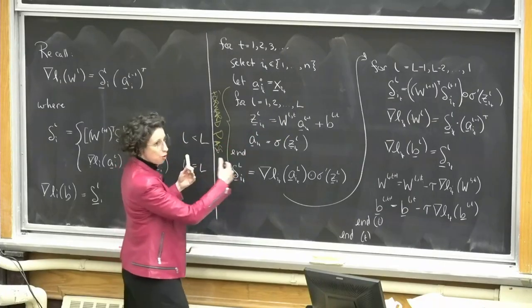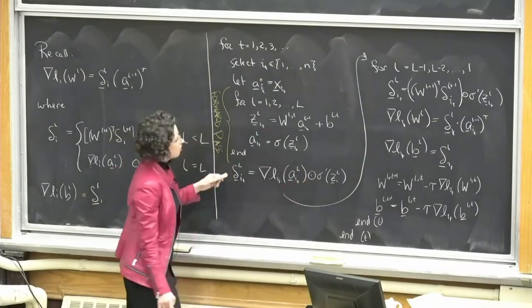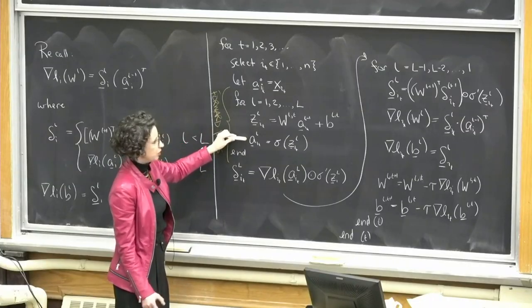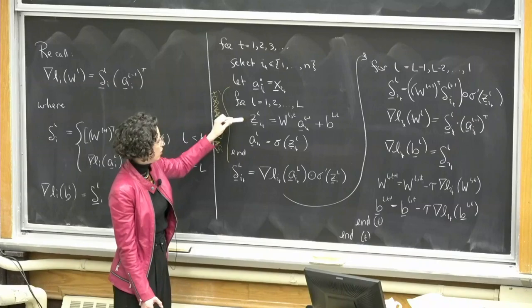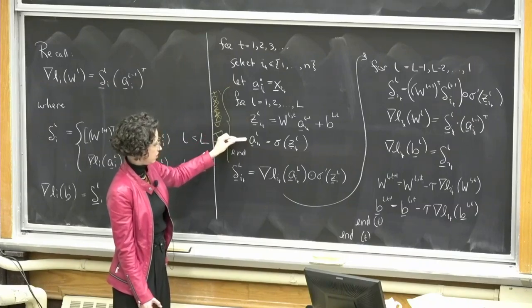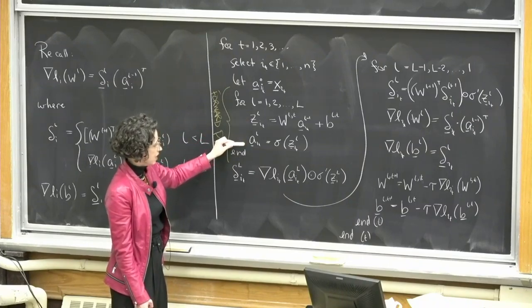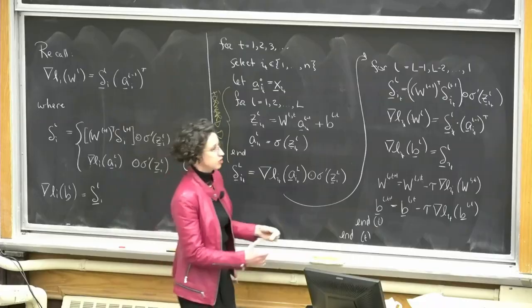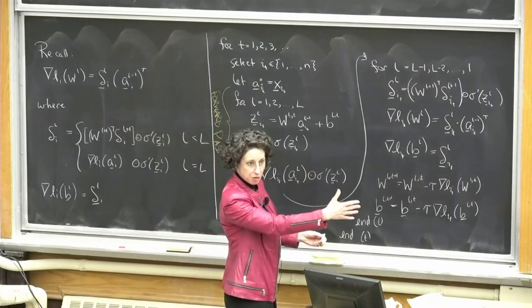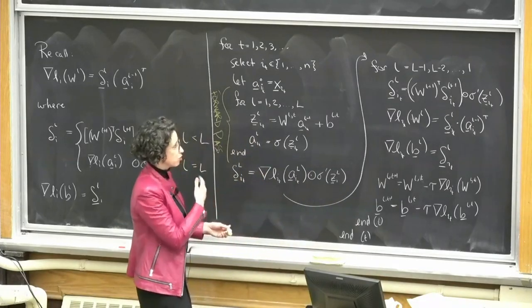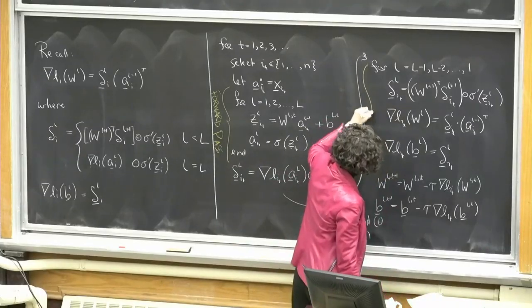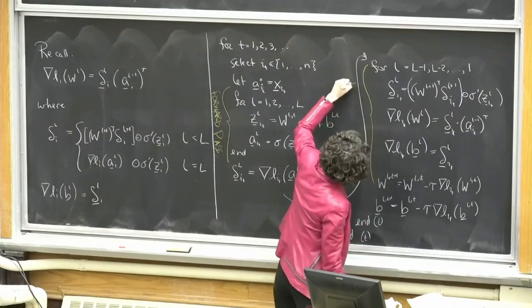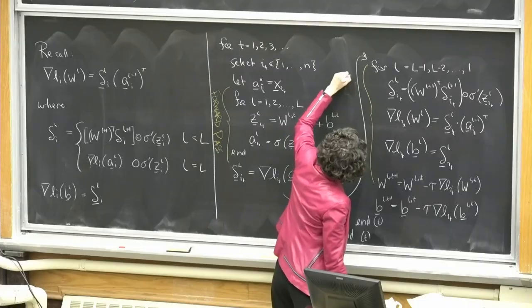As we go forward through the network, we are computing the inputs and the outputs to every node at every layer, and we're storing all those inputs and outputs, those A's and those Z's. Then we start at the output end of the network and work our way backwards towards the inputs. So what we have over here is our backwards pass.